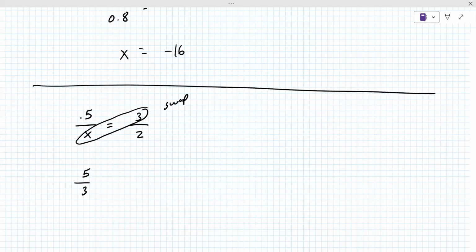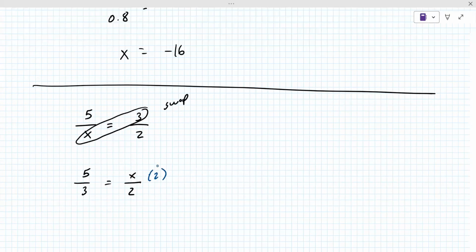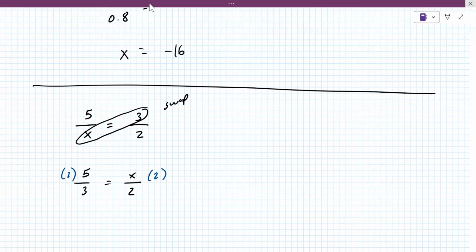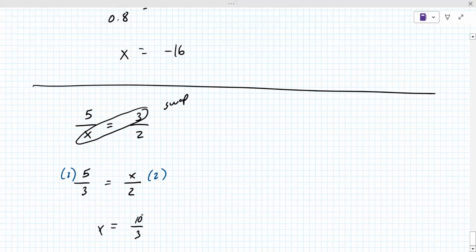The reason you might do that is because when x is in the top, you can more easily solve for it by undoing whatever is here. So notice you can multiply both sides by 2. And so x is going to be 10 divided by 3.